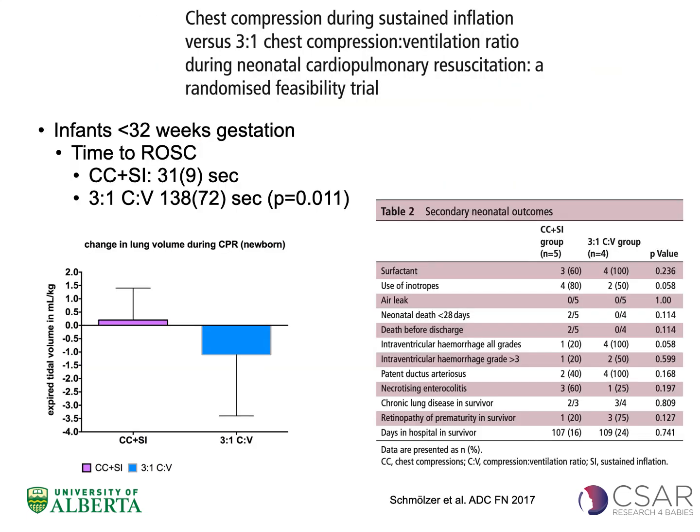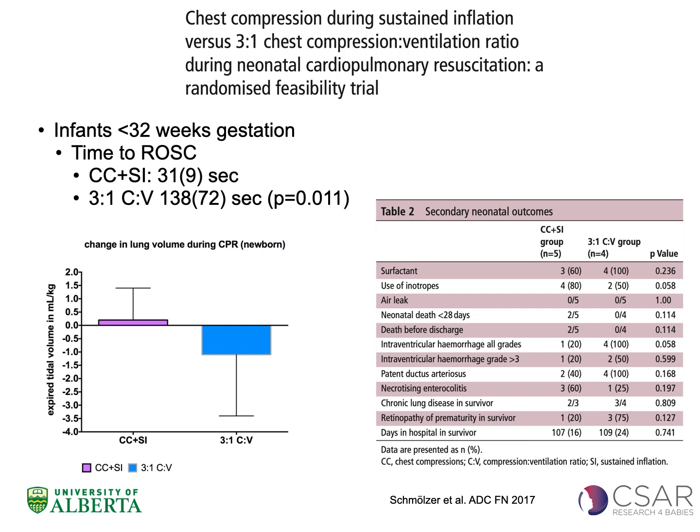What is the difference between those two? For 3-to-1, you provide chest compression 3 times, you pause, and then give 1 inflation, and then you do 3 chest compressions again with 1 pause for an inflation. Doing CCSI, you use a high distending pressure, which we term sustained inflation, and provide continuous compression.